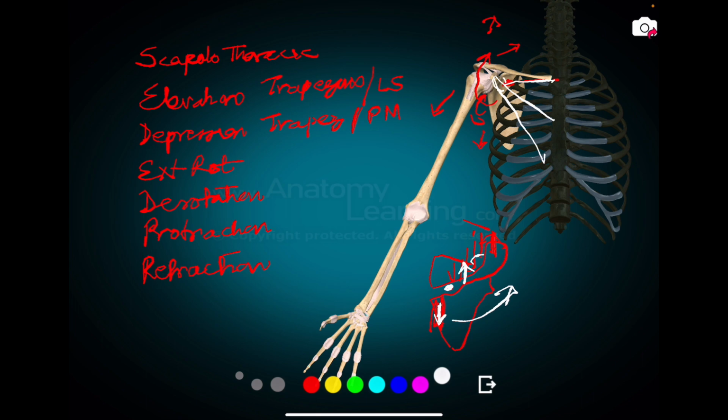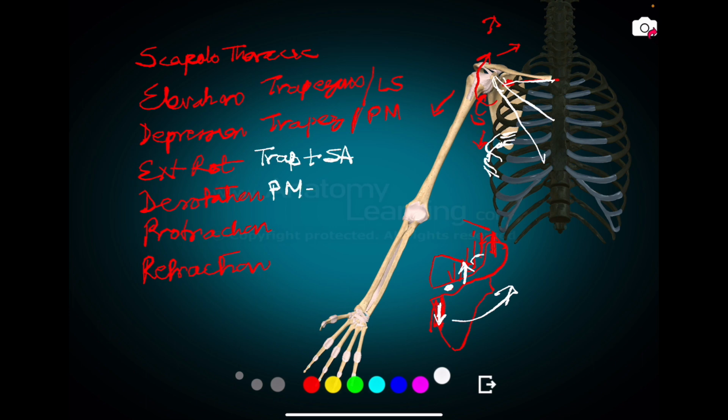The external rotation is by trapezius, helped by a muscle which arises from the medial border, comes round and gets attached onto the rib, and this muscle is serratus anterior. So external rotation, trapezius plus serratus anterior. Derotation, pectoralis minor.